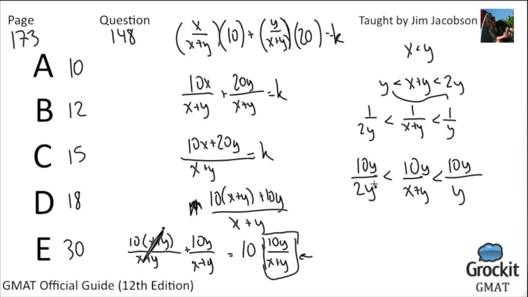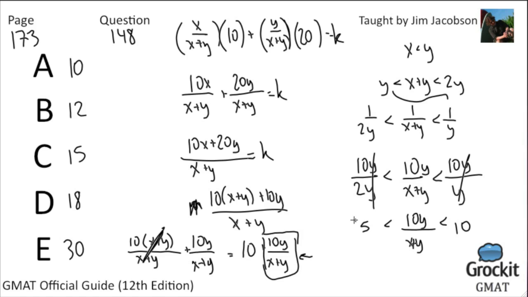And then you can see that we can cancel out the y's from these end terms. So that's just 10 over 2, which is 5. This one's just 10. So this expression, 10y over x plus y, is less than 10 and more than 5.